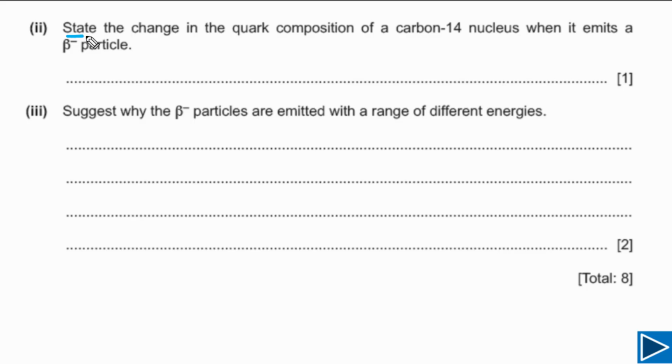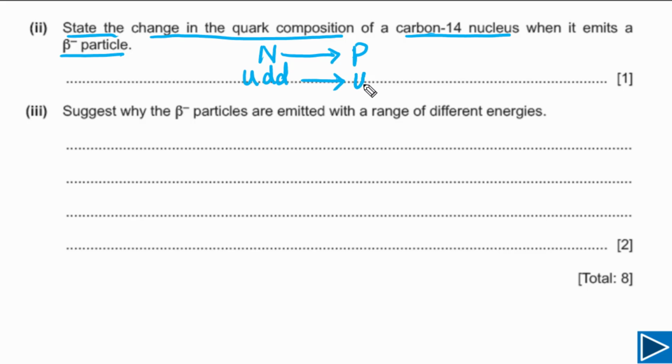For the second part, we need to state the change in the quark composition of the carbon-14 nucleus when it emits a beta minus particle. But we have already discussed that in beta minus decay, a neutron decays into a proton. A neutron consists of one up quark and 2 down quarks.